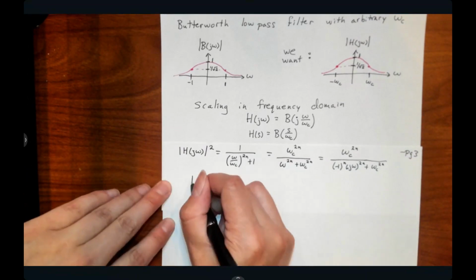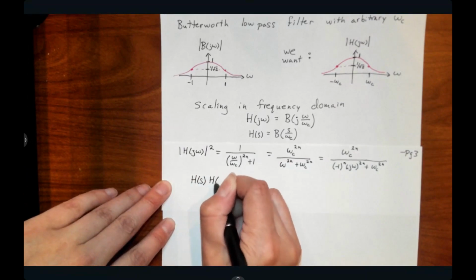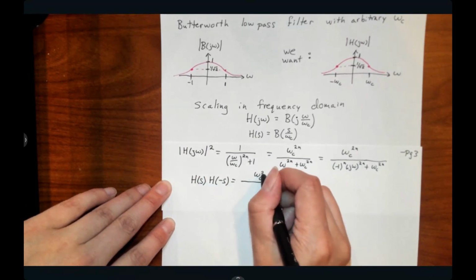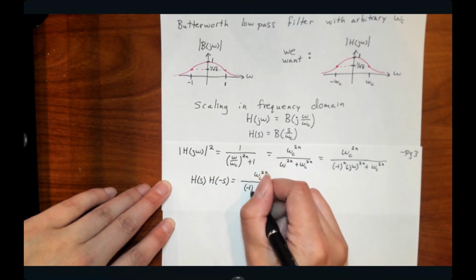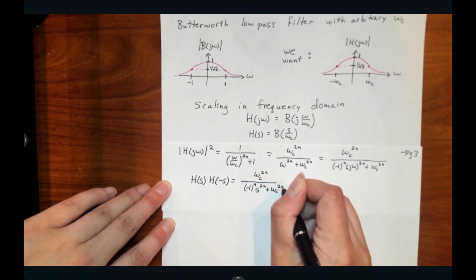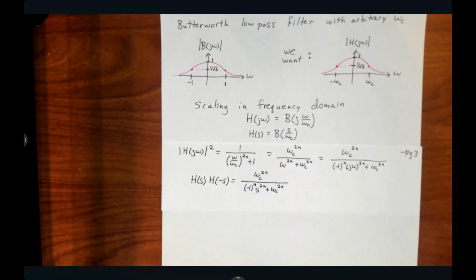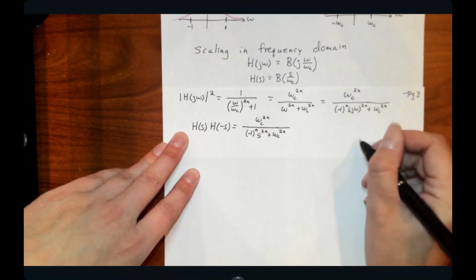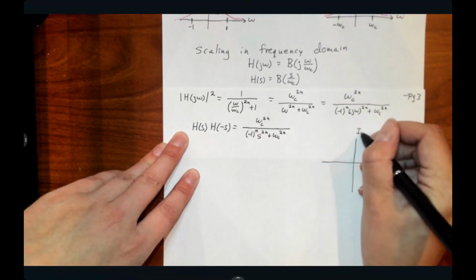So when you look at the Laplace domain, before we had all the poles equal to 1, now we instead have this omega c to the 2n.